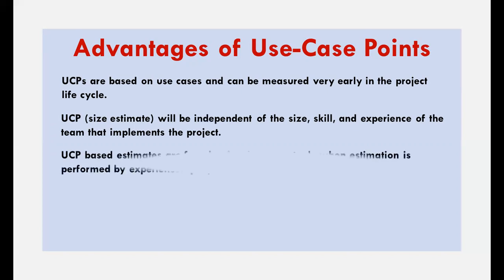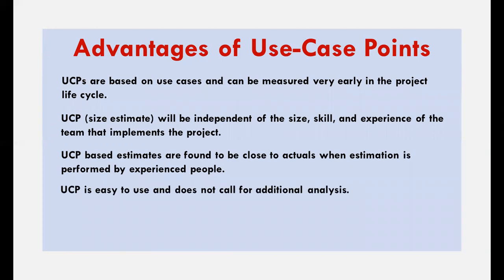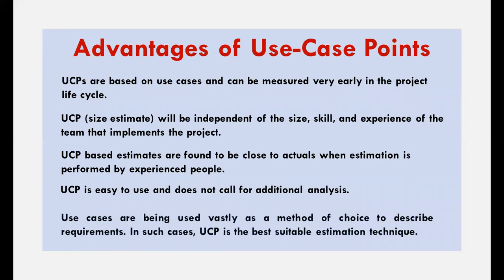UCP based estimations are found to be close to actual when estimation is performed by experienced people. UCP is easy to use and does not call for additional analysis. And UCPs are being used vastly as a method of choice to describe the requirements. So in such cases, UCP is the most suitable estimation technique.